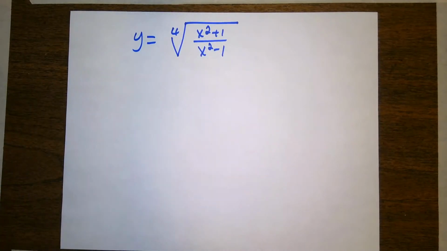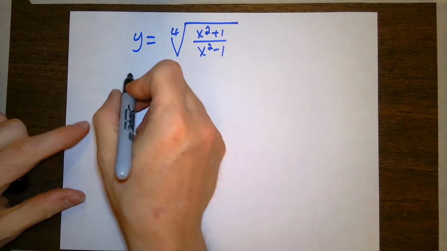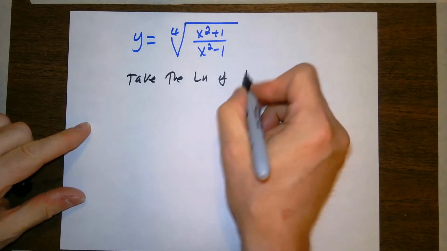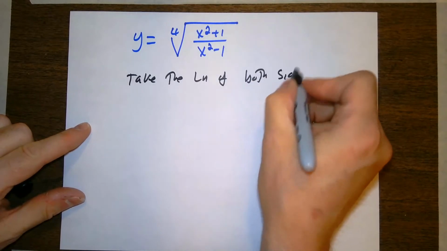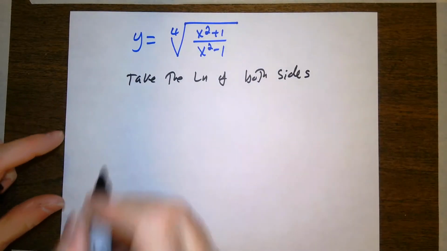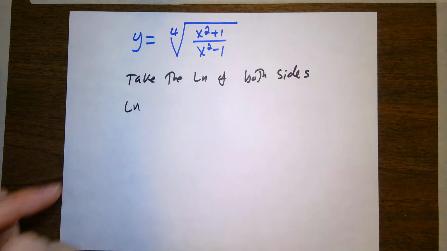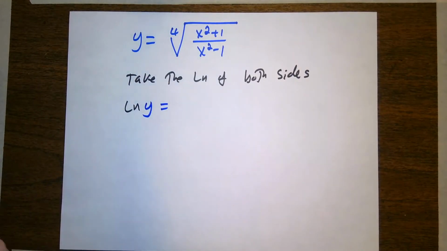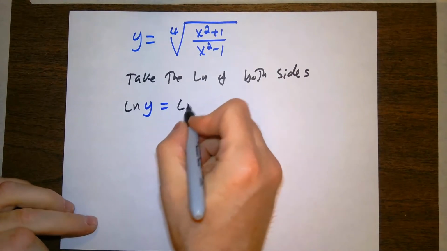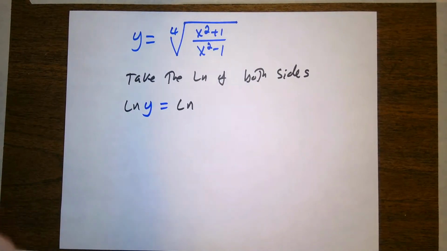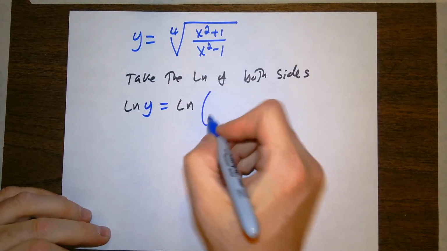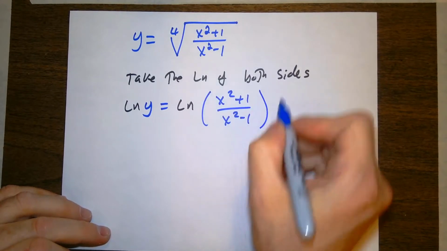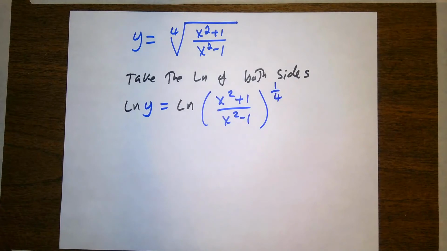So we're going to take the natural log of both sides. So I'm going to have the natural log of y equals the natural log of, and I'm going to write this as an exponent, x squared plus 1 over x squared minus 1 to the 1/4 power.